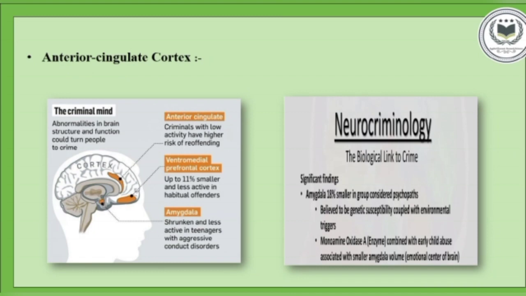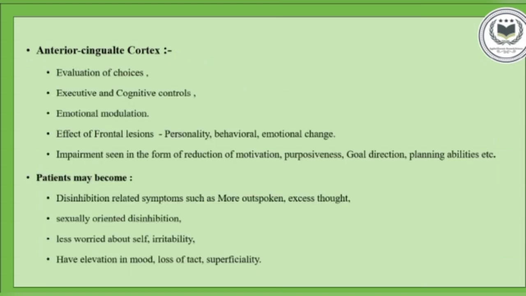Next is the anterior cingulate cortex. It regulates blood pressure and heart rate. Its psychological functions include decision making and the evaluation process, that is the evaluation of choice, executive and cognitive controls, and emotional modulation.